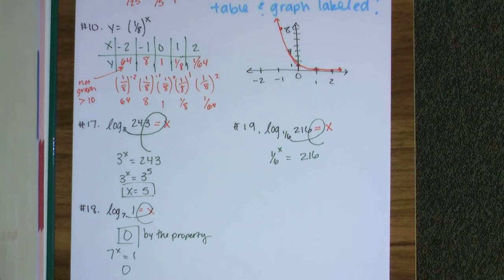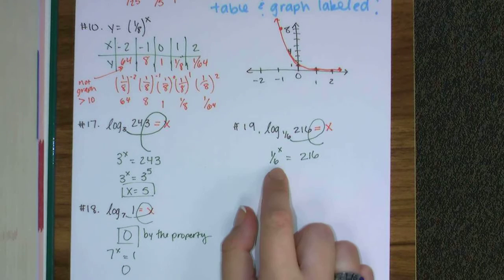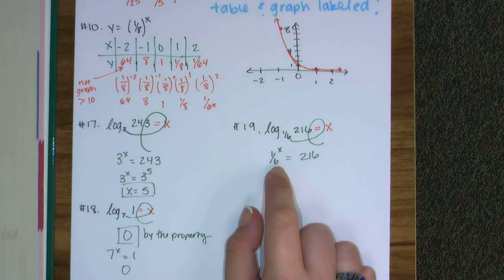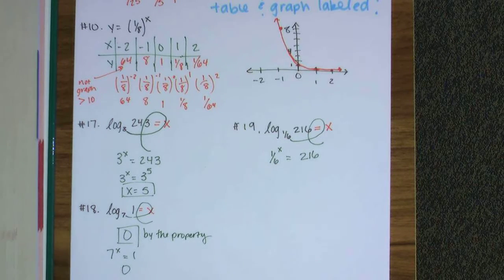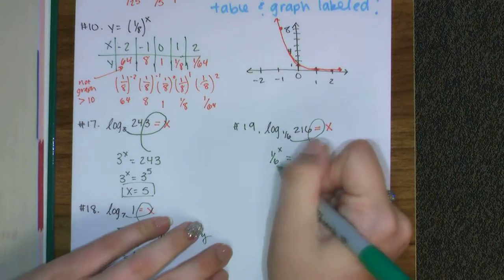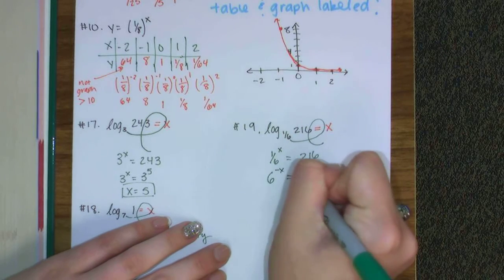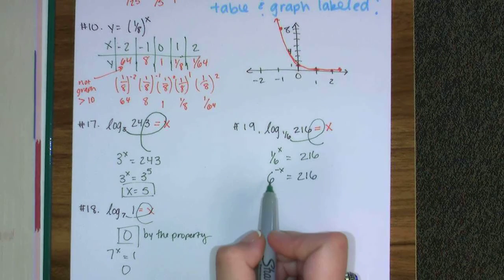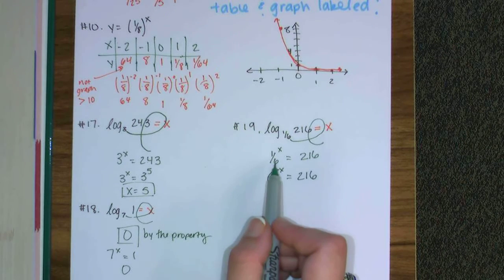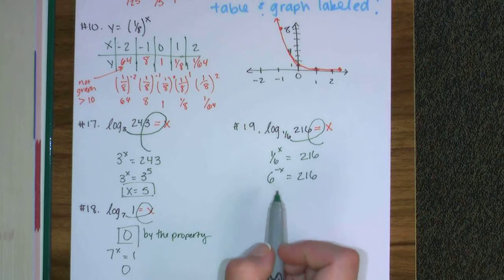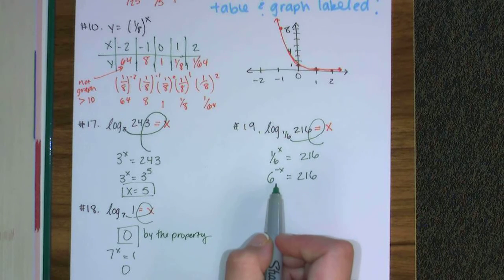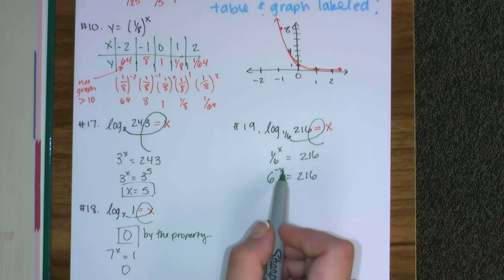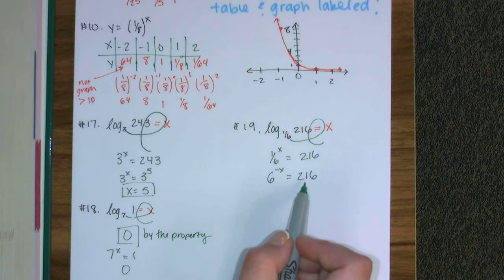Now, my recommendation is to flip this and get the 6 on top, or rewrite it with a negative exponent. So write it as 6 to the negative x, because that way it's written in a form that's easier to see. We wanted to move the 6 up, meaning I just needed to make my exponent negative. So 6 to the negative x is equal to 216.